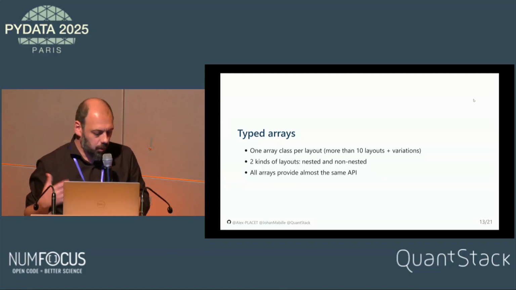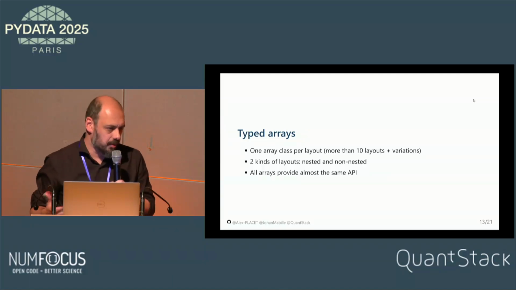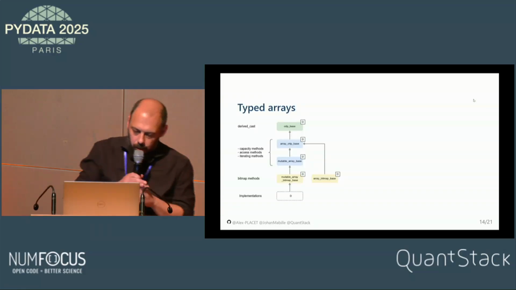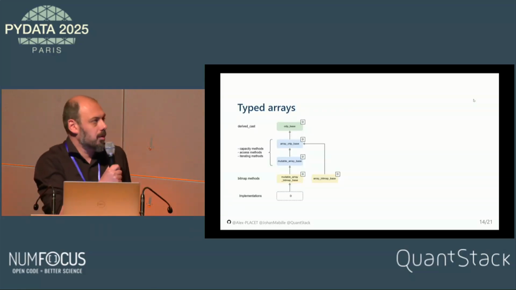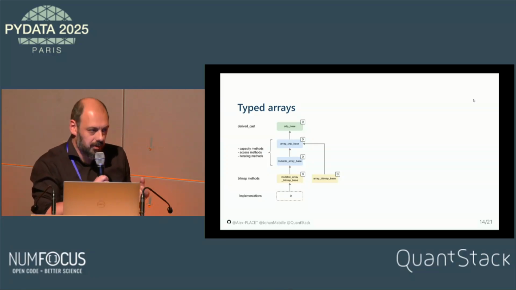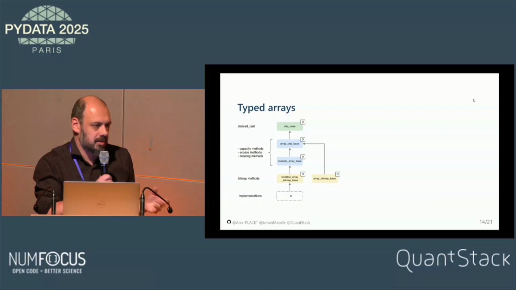The idea is that all these typed arrays should provide almost the same API. We have some exceptions, thanks to the dictionary array, but except for that, it's the same API behind. The way we implement that: when you think about it, the only specific part of a layout is the way you access the data, basically the bracket operator.